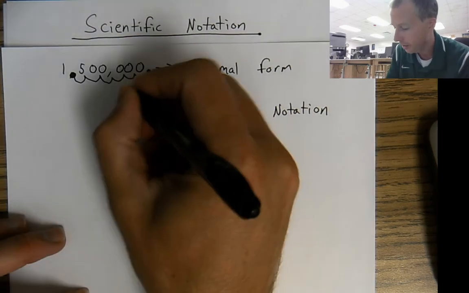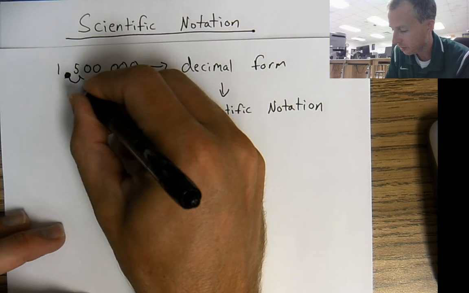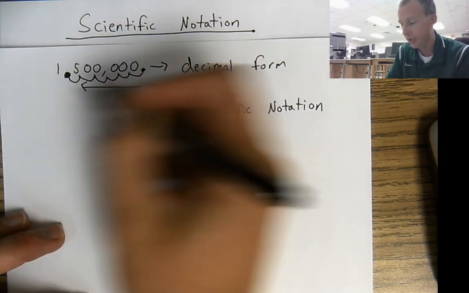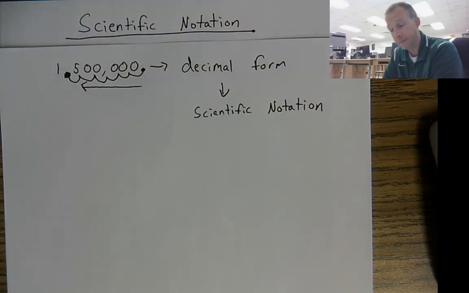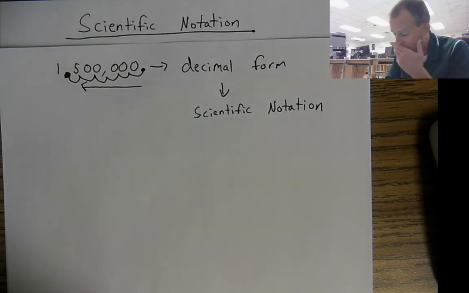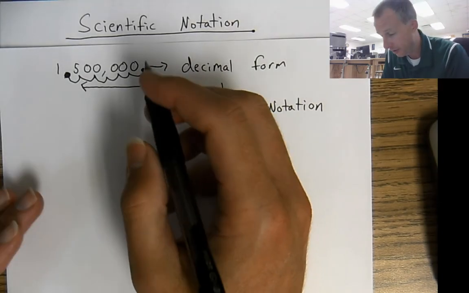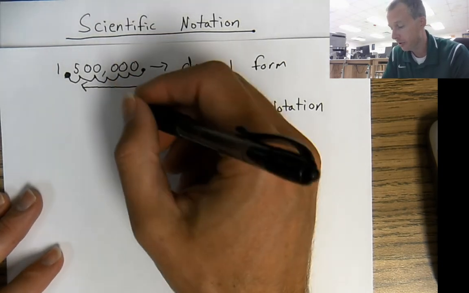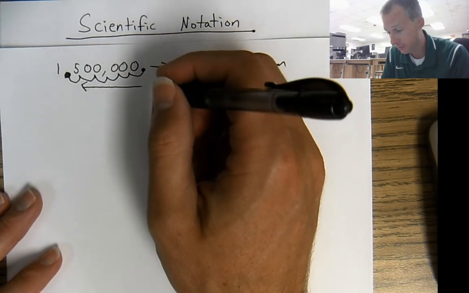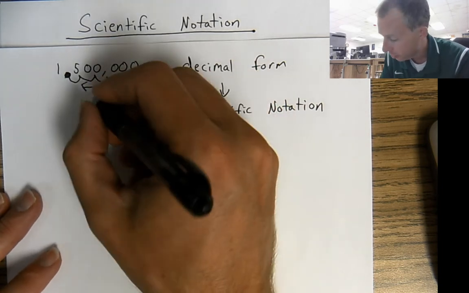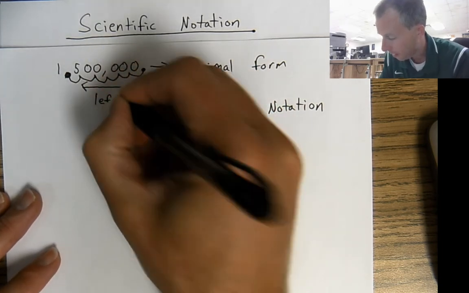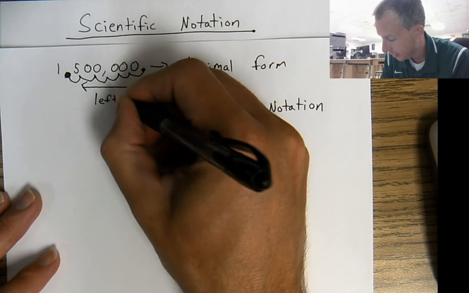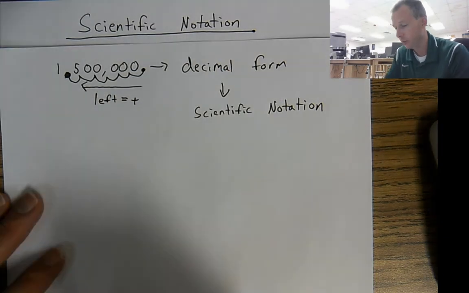So you're moving it to the left and putting it right there. Now, when you move the decimal to the left, you are going to use a positive exponent when you write out the scientific notation. I'm going to explain what that means for you.